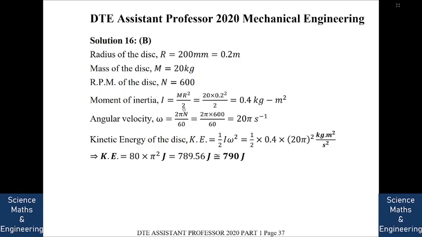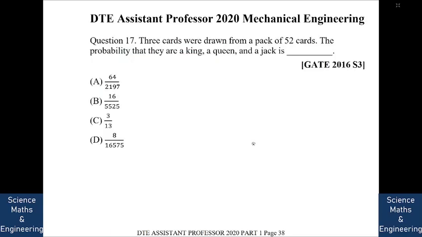I is equal to mr square by 2, so it will be 0.4. Now angular velocity omega, we know 2 pi N by 60, so it is 20 pi per second. So kinetic energy of the disk is half of I omega square, which is equal to 790 joule.